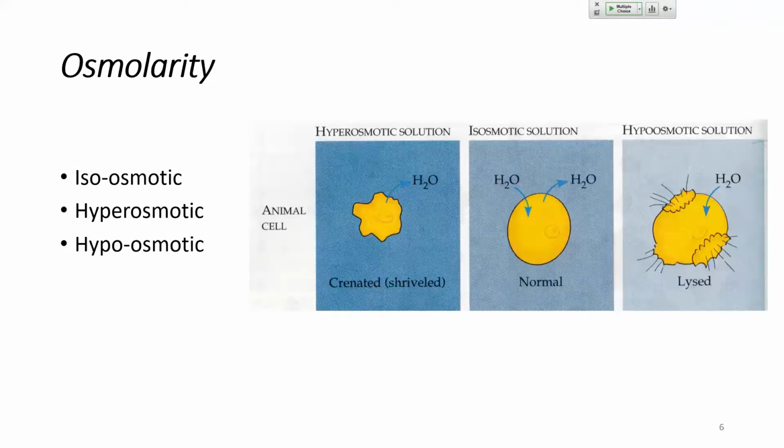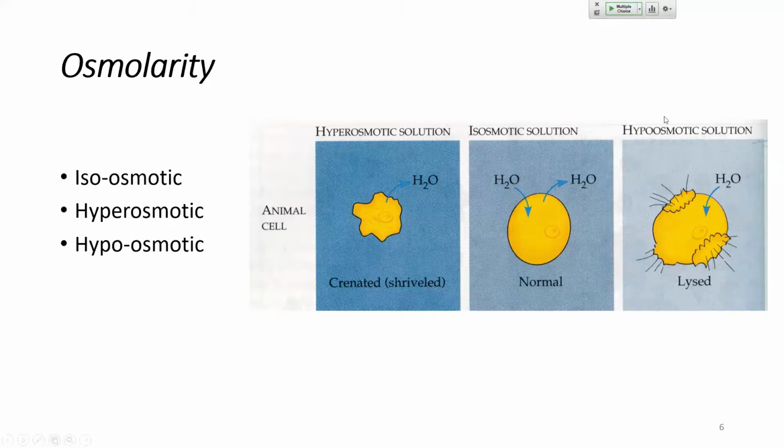Okay, so based upon that discussion, we can then talk about different types of solutions. We can speak about a hyperosmotic solution, a hypoosmotic solution, and then an isoosmotic solution. In an isoosmotic solution, which is where we like our physiology to be, the number of solute particles in the ECF and the number of solute particles in the ICF are the same, and we have no net movement of water, right?